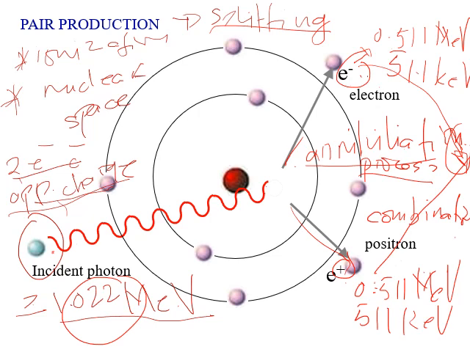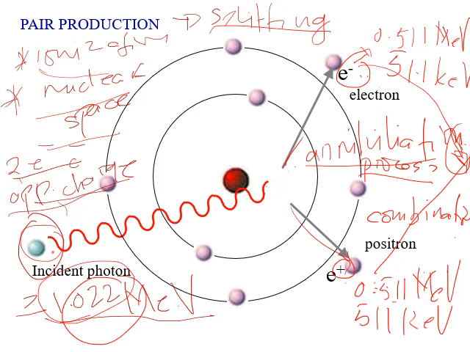Okay? So, they will divide the 1.022 MeV energy of this incident photon. And later, when annihilation process occurs, their energies will also be combined. Okay? So, it will now again become 1.022 MeV. So, it follows the law of conservation of energy. So, to summarize, pair production, there is no ionization, but the incident photon splits at the nuclear space.